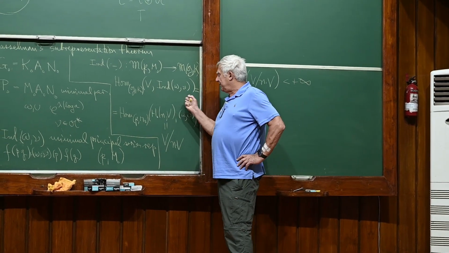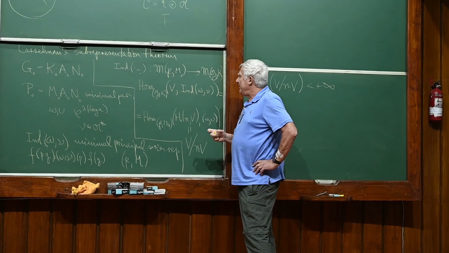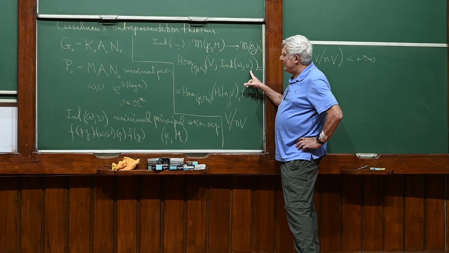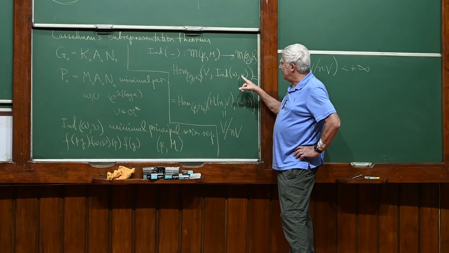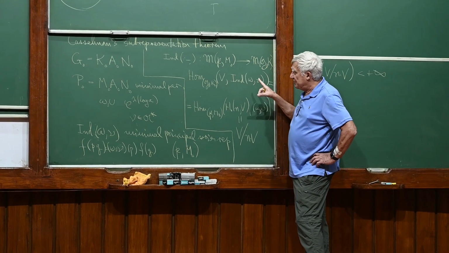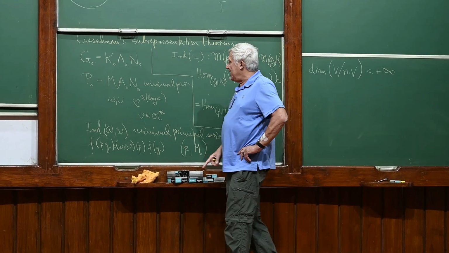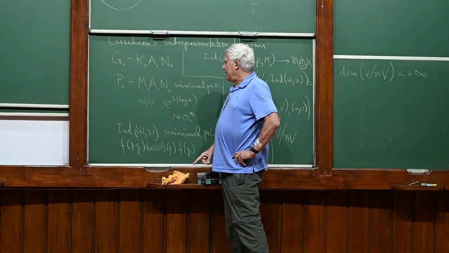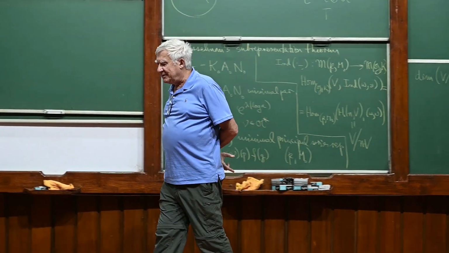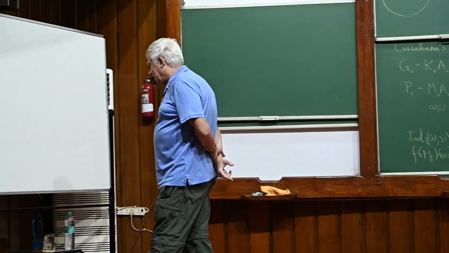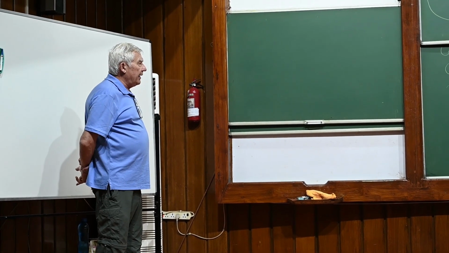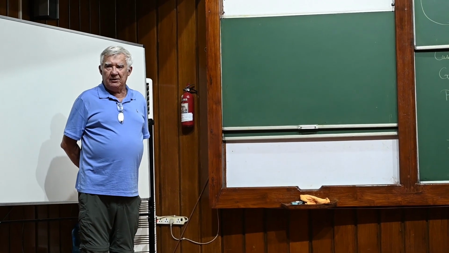If we know this, then by Frobenius reciprocity, the K multiplicity is here, this representation as a representation of K is a representation induced from the compact group M naught to K. So Frobenius reciprocity tells us what the multiplicities are, and we see that multiplicities are finite, and we see that V is admissible.